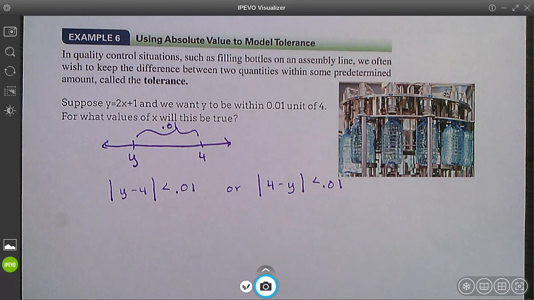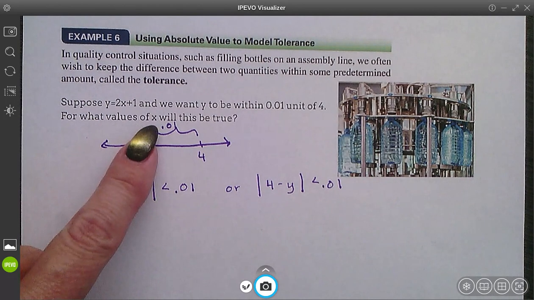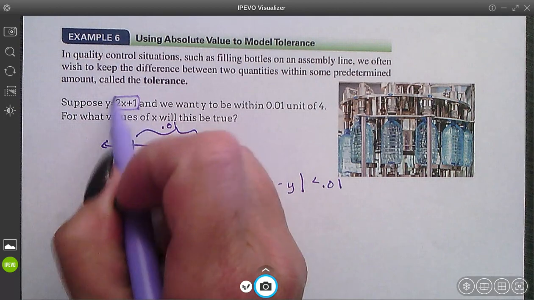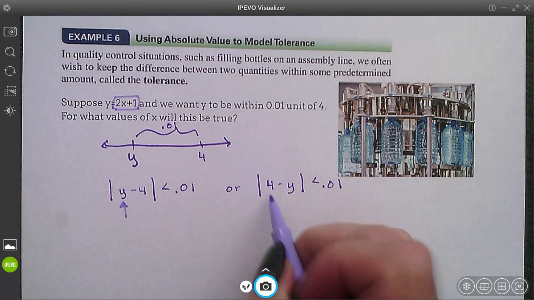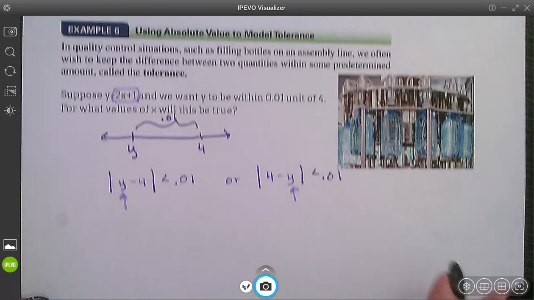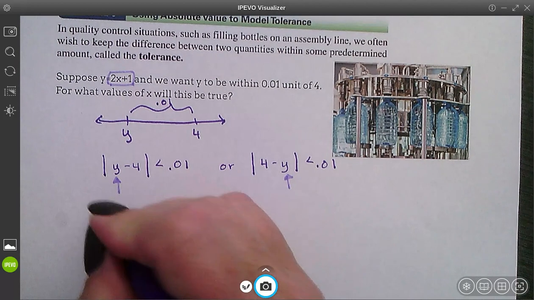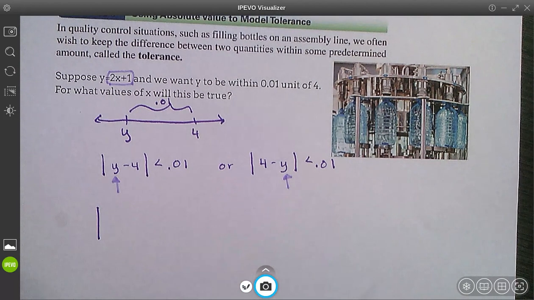But I know that y is equal to 2x plus 1. So in order to find for what values of x this will be true, I'm just going to replace y with 2x plus 1. The only time that's going to get tricky is when we have subtraction.